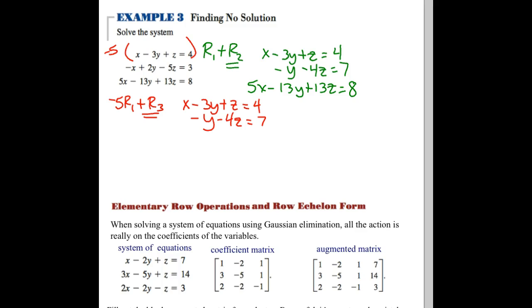We get 15y plus a negative 13y, so 2y. We get negative 5z added with 13z, so 8z's. And we get a negative 20 added with an 8.